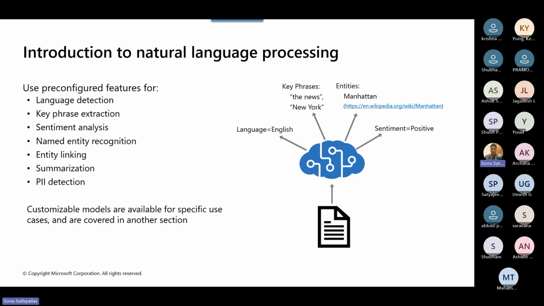PII detection is used to extract personally identifiable information like credit card numbers, passwords, email, phone number, name. If I have to extract that kind of information, you can use the PII detection feature of the analytics service.